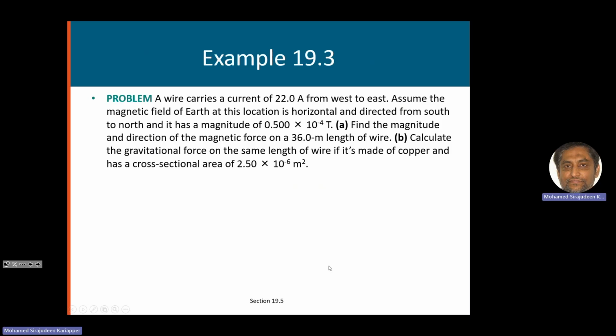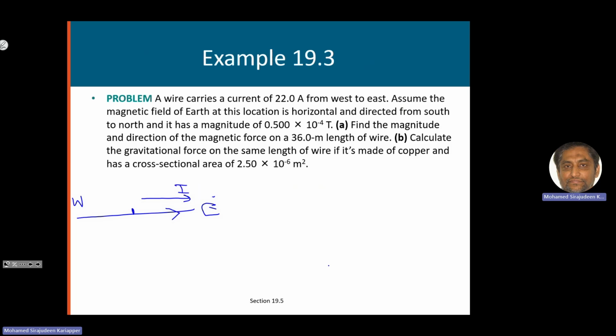A wire carries 22 amperes from west to east. So I will take the left side of me as west, right side of me as east. So the current, or rather the L, is moving to the east.